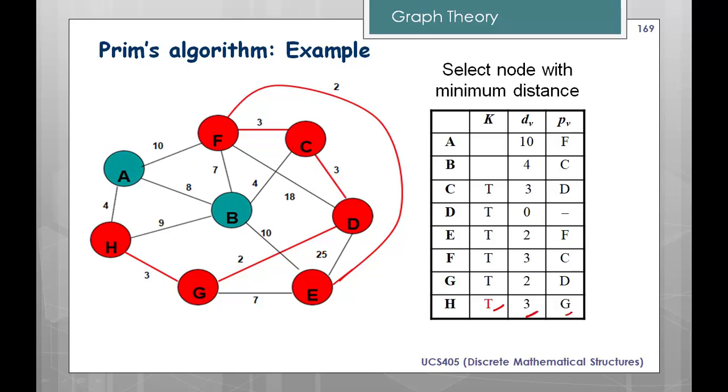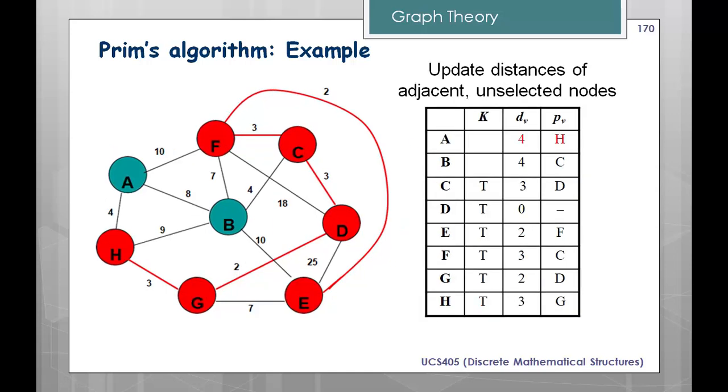Now we have two unselected nodes, A and B. If we want to update the weights, in the case of A the weight was 10F and now it gets updated to 4H, so please update it to 4H. And B's weight remains the same because it was already less, that is 4C.